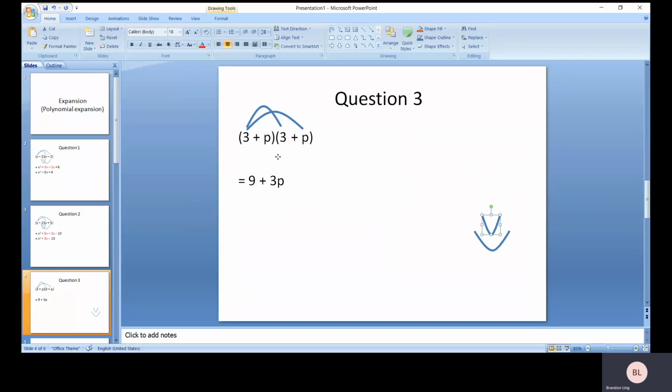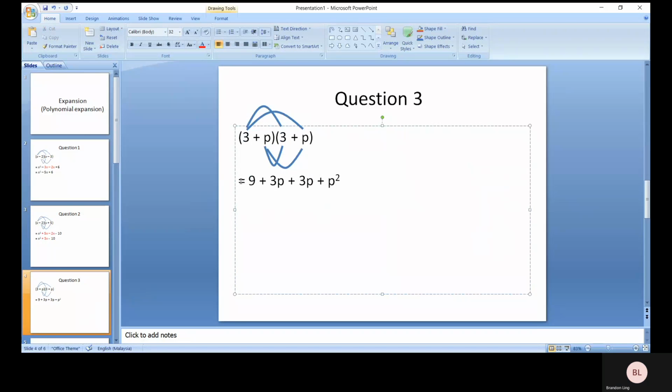Followed by the next one, p times 3, p times p. 3p plus p squared. So next we move on to the next step, we combine these two values together. So you are getting 6p here, followed by plus p squared.